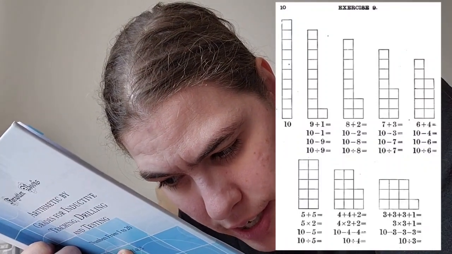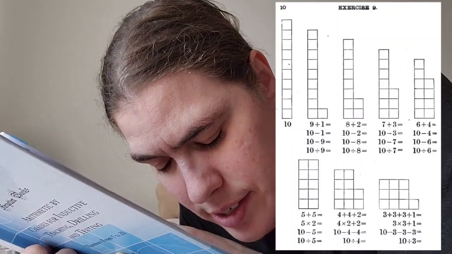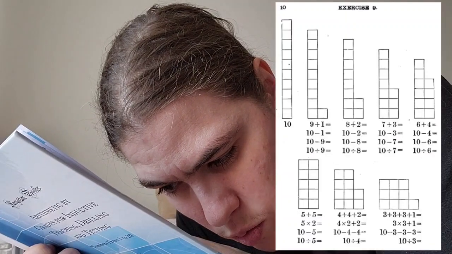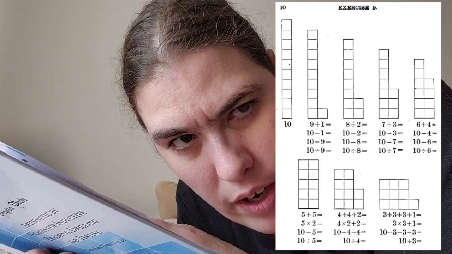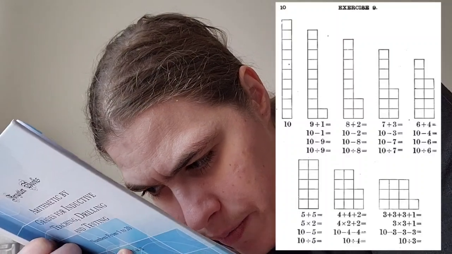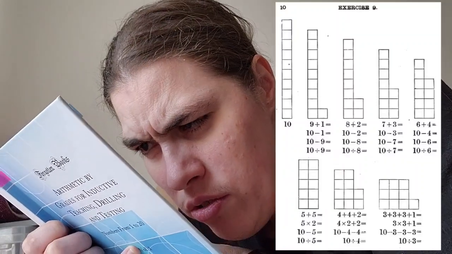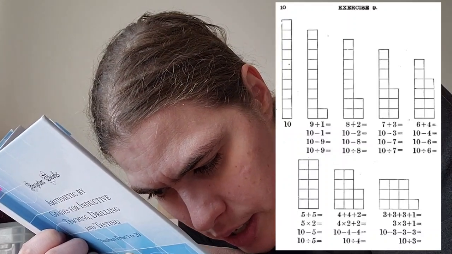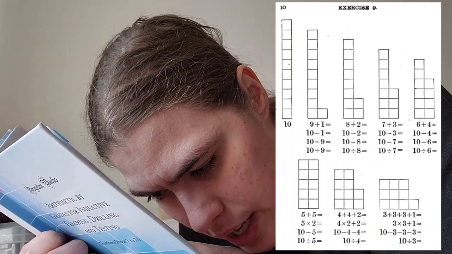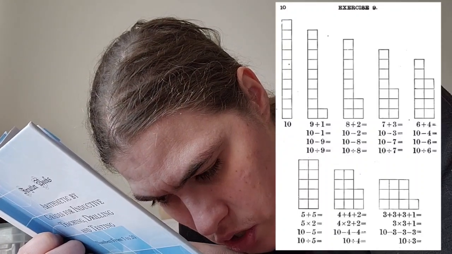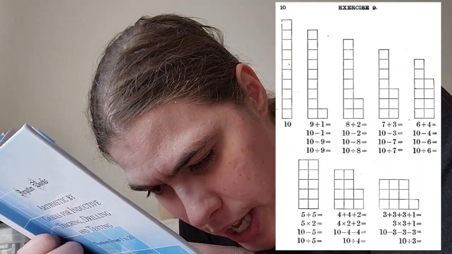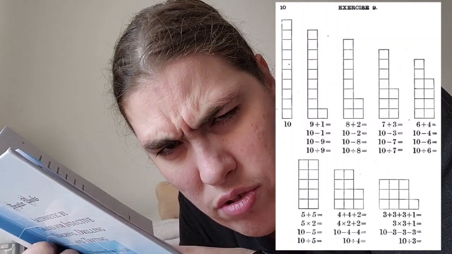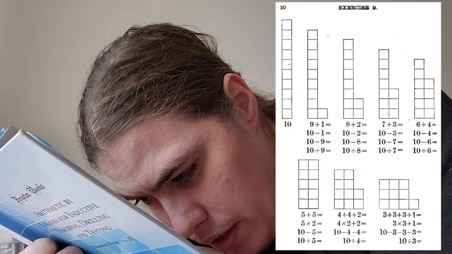Okay, 1 and 9 are 10. 10 less 1 is 9. 10 less 9 is 1. 10 divided by 9 is 1 and 1/10. 8 and 2 are 10. 10 less 2 is 8. 10 less 8 is 2. 10 divided by 8 is 1 and 2/10, I think.